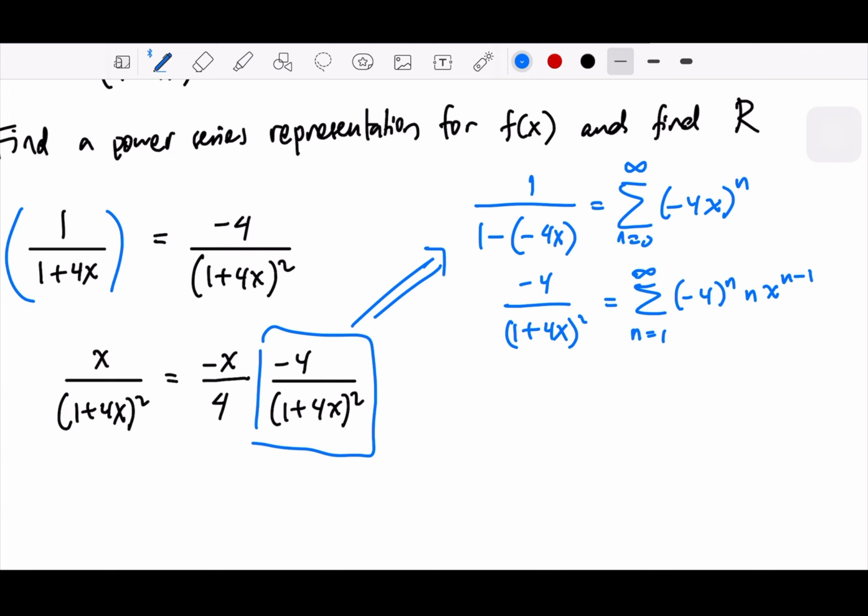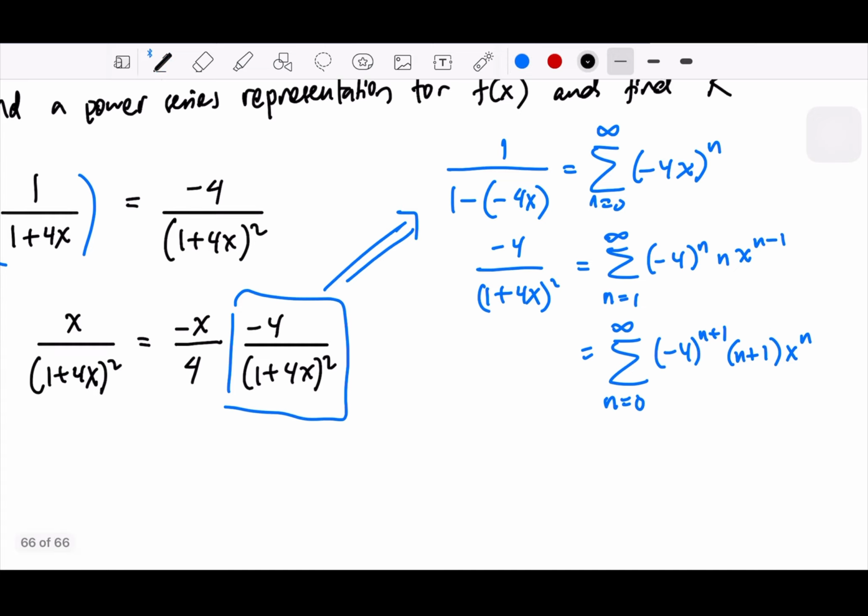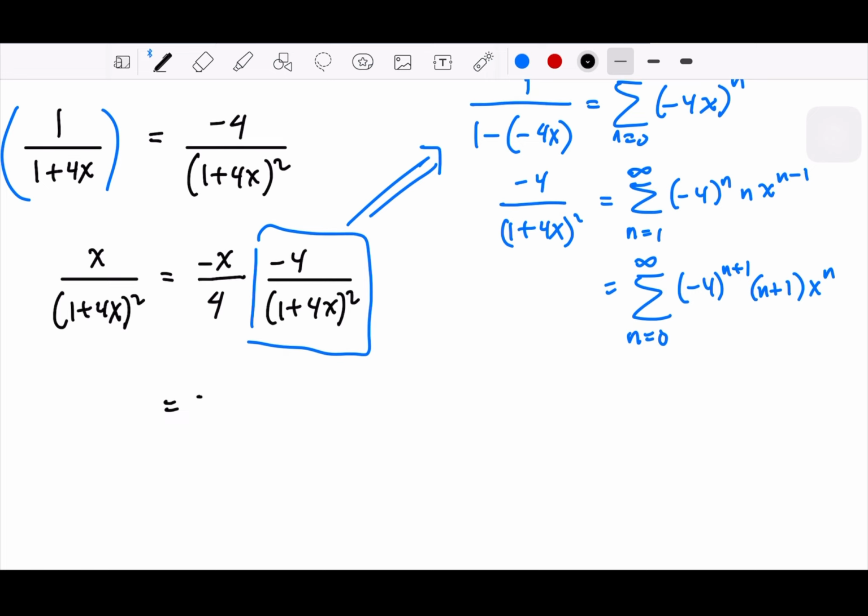Or if you want to write it more clearly and start from 0, the n starts from 0, maybe we can add plus 1 here and also plus 1 so that we have x^n. Okay. So we can have this negative x over 4 and then the sum of n equals 0.